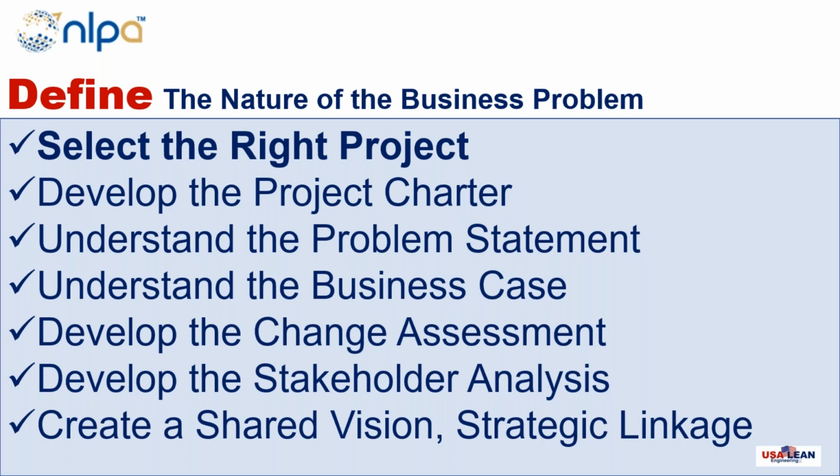It articulates the magnitude of the problem. It articulates which process, and it articulates the impact of that problem on the business and the customer, and how long that problem has been occurring.